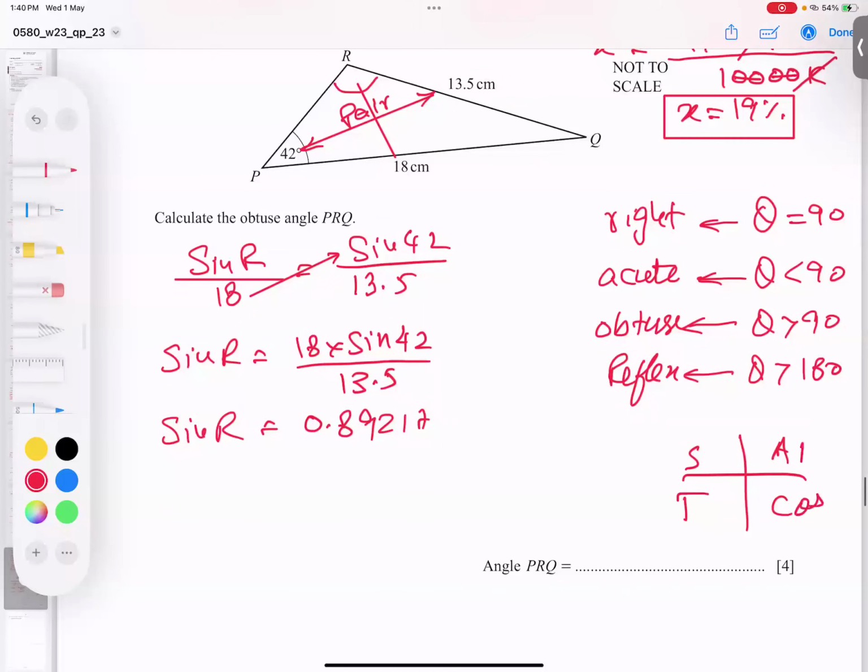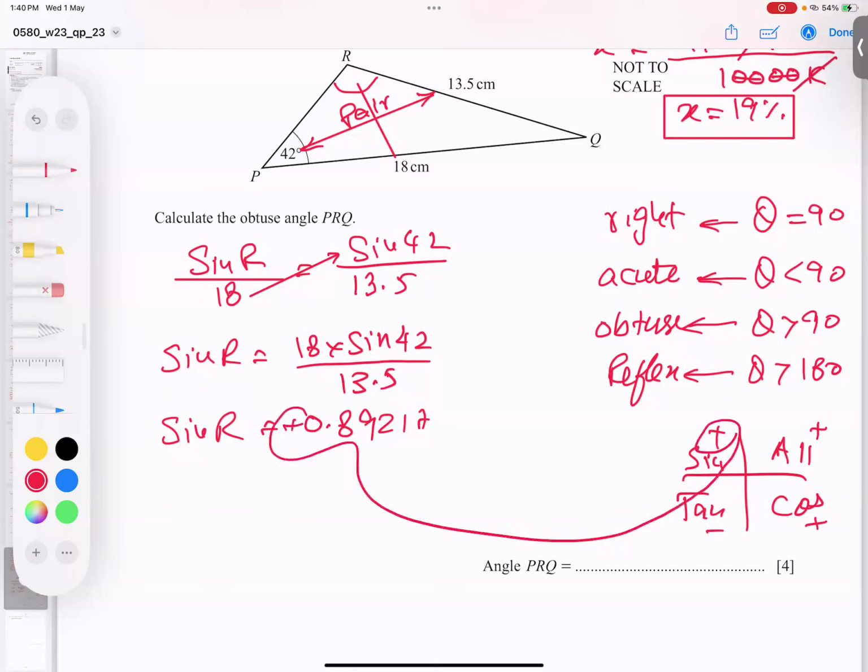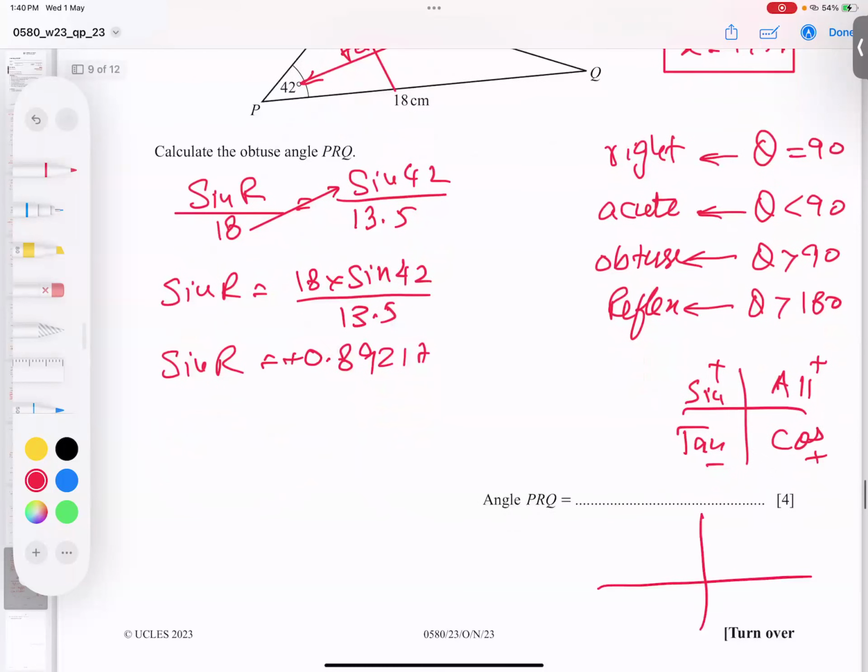C for cos, A for all, S for sine, T for tan. Here cos is positive, here all are positive, here sine is positive, here tan is positive. What is the sign of sine here? No sign means positive. It means sine is positive here and here. It means we need the first 2 quadrants, line number 1 here, line number 2 here. And you will take the sine inverse of this and let's see what answer comes.